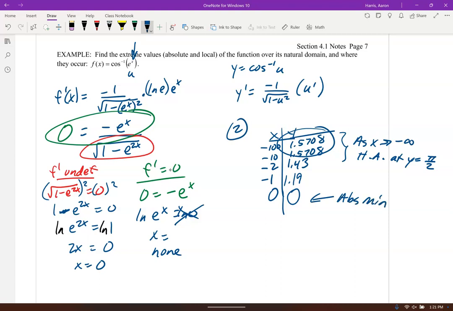If you think about the arc cosine, it's only defined between -1 and 1. We have the arc cosine of e to the x, but that restricts us from taking values larger than 0, because e to the 0 is 1. That's as far as we can go with that input. Okay, so we just got the absolute min of 0 at x being 0.